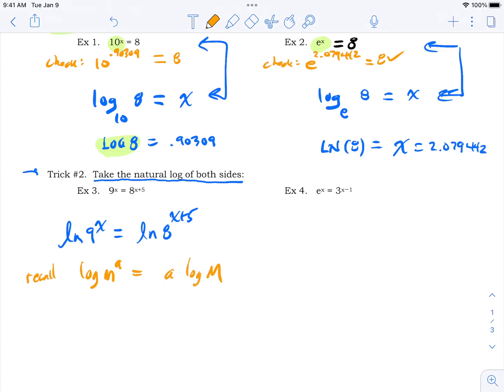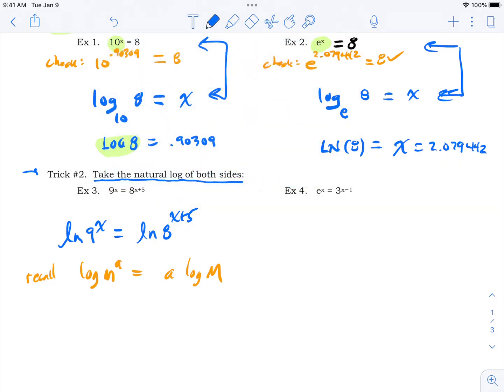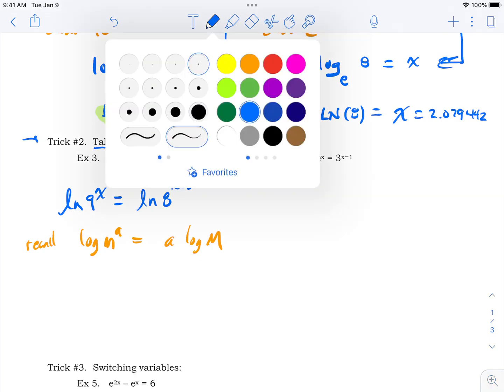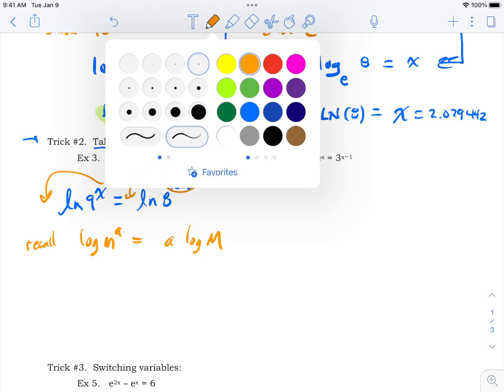Remember that thing? That's one of the big 3 of the log properties, the ones I call the big 3. So if I use that, that means that here, this x can come down on the ground. That's what we like. We don't want it in there. Come down on the ground. This is going to be great.